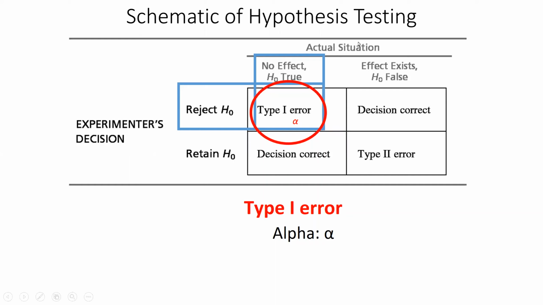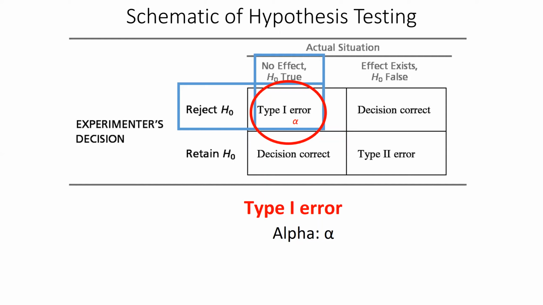And what it means is that in the actuality at the population level, and I'm going to keep the example of a treatment and its effect on mathematical achievement compared to a control group, there is no effect of that treatment, the two groups have the same math scores, and the null hypothesis is therefore true.